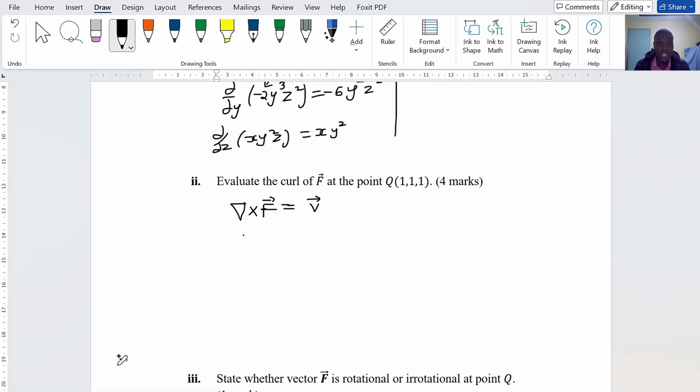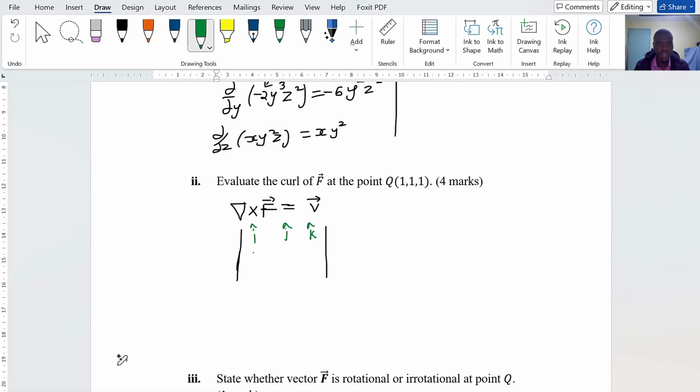So how do we define this? The cross product is given by the determinant. So to get the cross product, remember our tactic was to use the determinant method. So we have our i, we have our j, and we have our k.